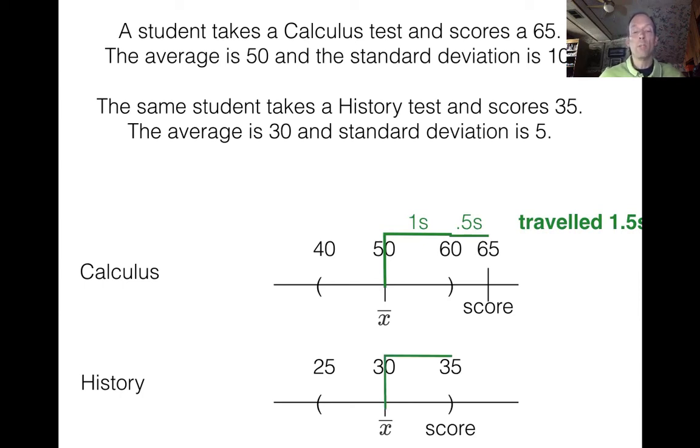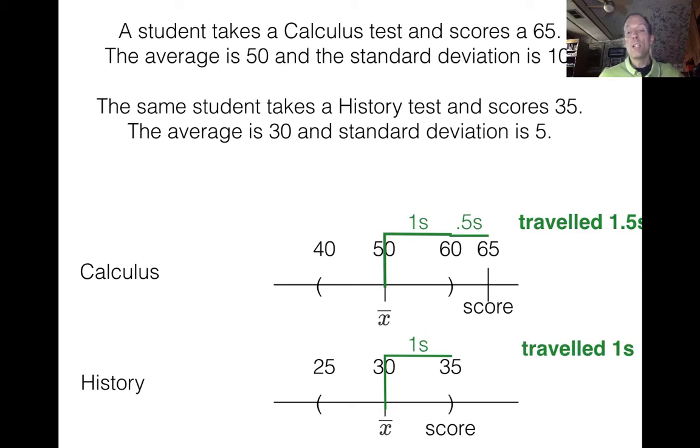And just like we did with the calculus test, we're going to go to where the average is, and we're going to walk up to the 35, which is the upper range. How many standard deviations did we travel? We only traveled 1. And since we're right at the score now, we'll just go ahead and summarize. We'll say we traveled 1 standard deviation.